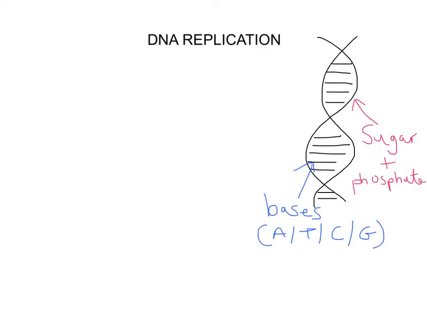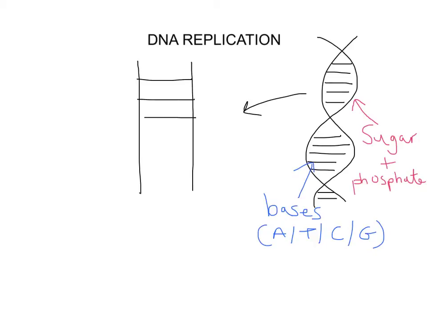Now, the reason why I'm showing this now is because I want you to imagine that we unwind this molecule. If you were to have a hand at the top and a hand at the bottom and they were to twist in opposite directions, what you'd ultimately get is this kind of ladder forming, or it would appear like a ladder. Now, I should say that each rung on this ladder represents two bases that are complementary paired.